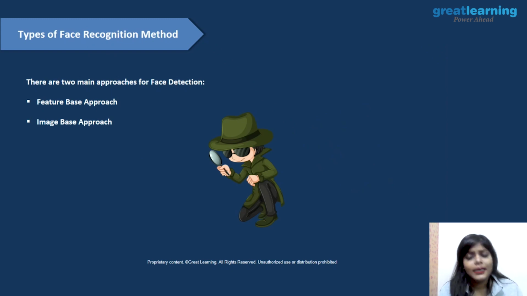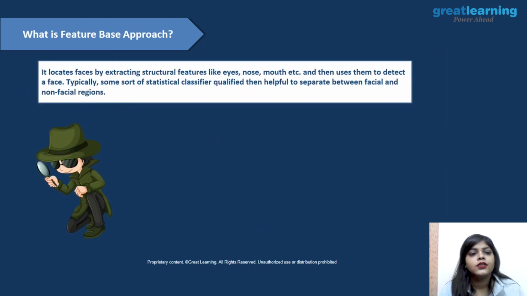Now, if we talk about the types of face recognition, we basically have two types: one is the feature-based approach, and one is the image-based approach. So what is the feature-based approach? It locates a face by extracting structural features like eyes, nose, mouth, etc., and then uses them to detect a face.